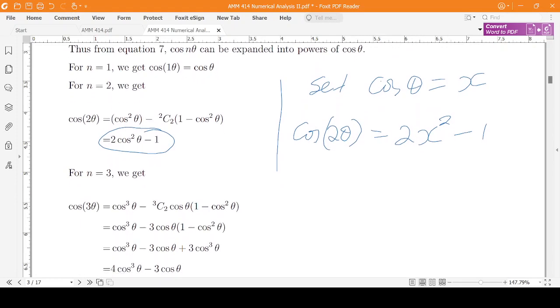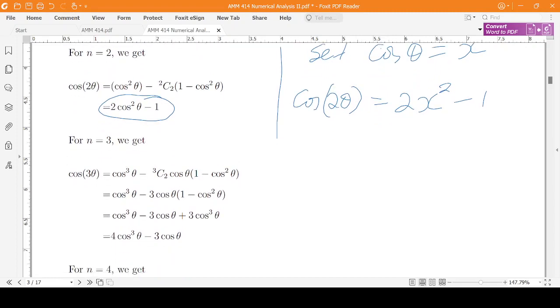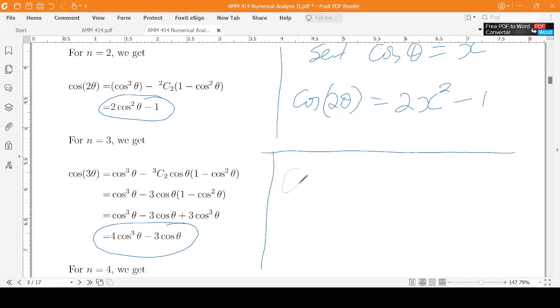Similarly, when n is 3, we can substitute the values and come up with this expression here, cosine of 3 theta expressed in powers of cosine of theta. And if we replace cosine of theta with x, we can write cosine of 3 theta is equal to 4x cubed minus 3x.